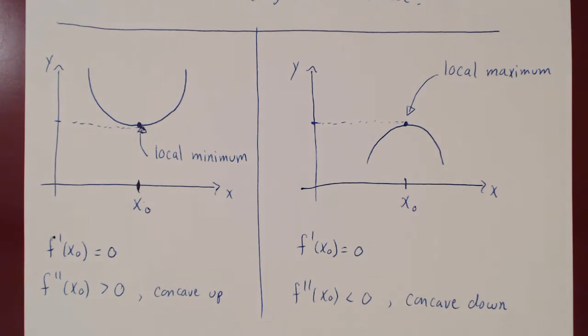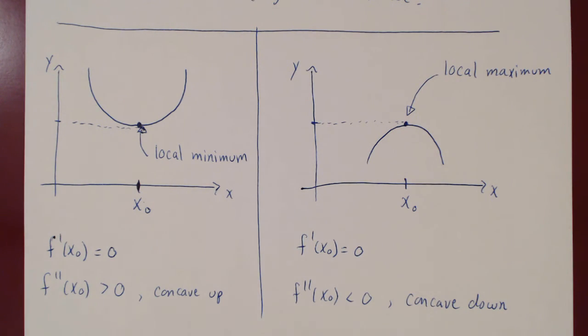And with these ideas, and using limits to find asymptotes of the function, if there are any, we will be able to sketch a graph of any function. And all we need are the first and second derivatives. We will look for the critical points, points where the derivative is 0, where the curve could go from increasing to decreasing or vice versa. Then we'll use the second derivative to tell us whether the curve is concave up or concave down.